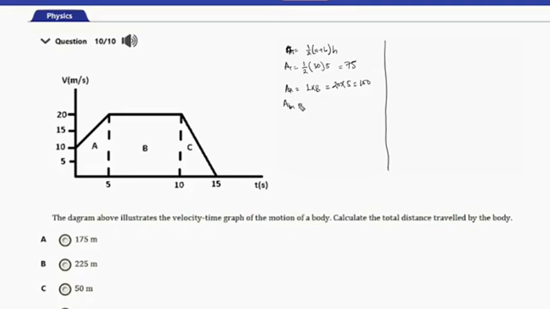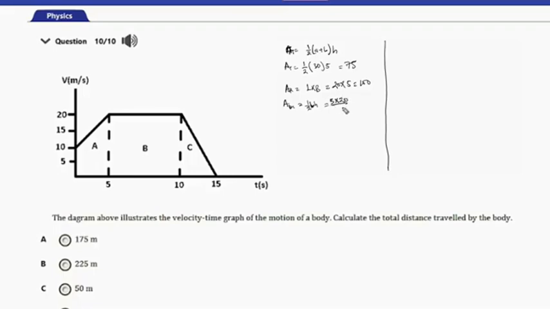And then for the triangle, we have the area of a right-angled triangle to be half BH, or BH over 2. So the base here is actually 5, that's 15 minus 10 on the t-axis.